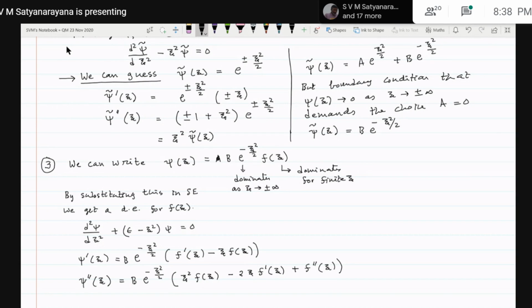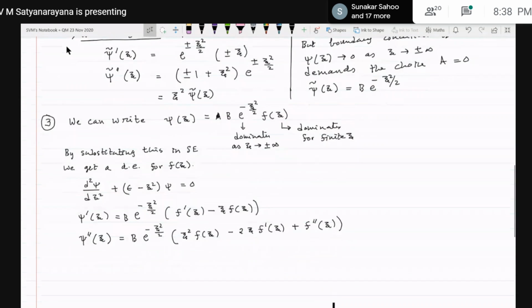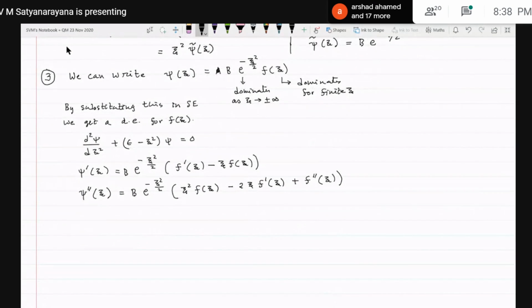Okay, so if I substitute this in this equation, I will have b e to the minus xi square by 2 into f double prime of xi minus 2 xi f prime of xi plus xi square into f of xi.